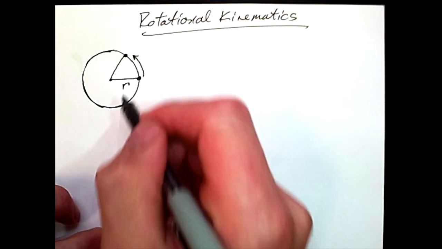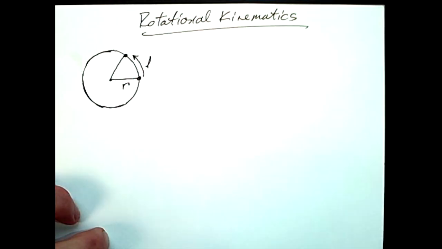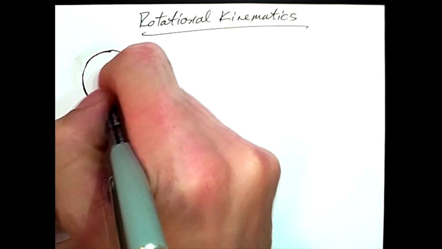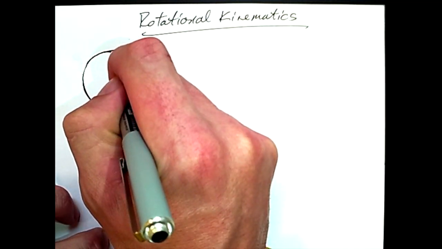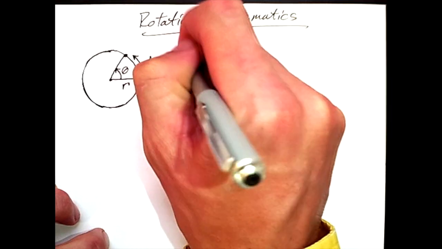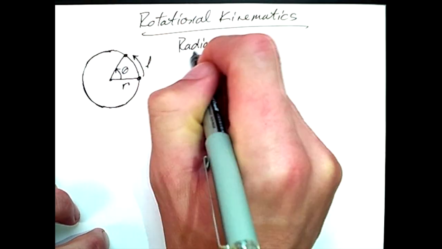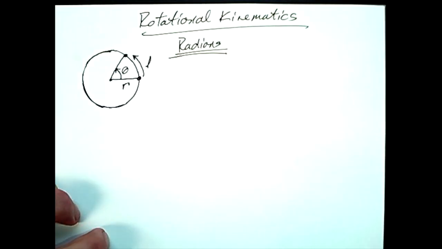we would describe this arc length as lowercase l. This arc length L is swept out during a period in which theta is moved across for the rotational system. Something new here in rotational kinematics is that we are measuring this now in radians as opposed to degrees.